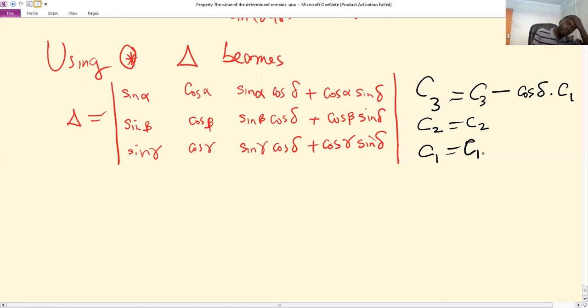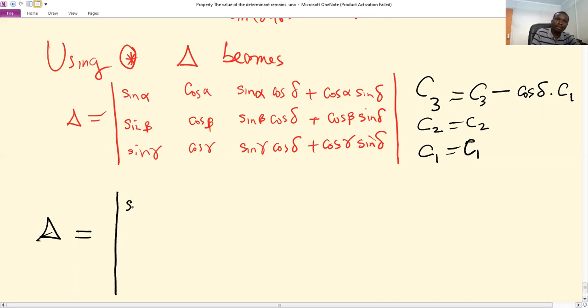So we are rewriting our third column by taking column 3 and subtracting cos delta times column 1. Remember, by doing this, it doesn't change the value of the determinant because we are simply adding a scalar multiple of a column to another column.